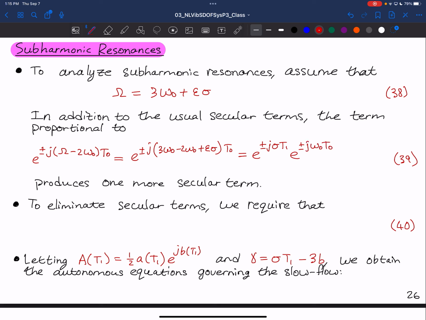So again, we're generating another secular term. And I left the stuff that multiplies this term out when we wrote this expression out.